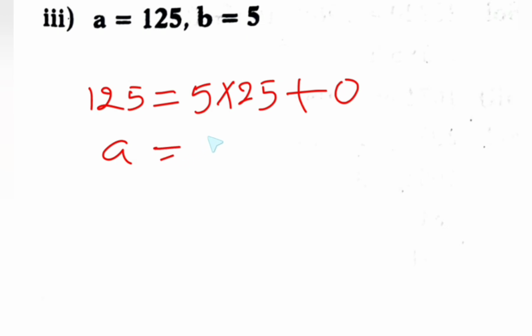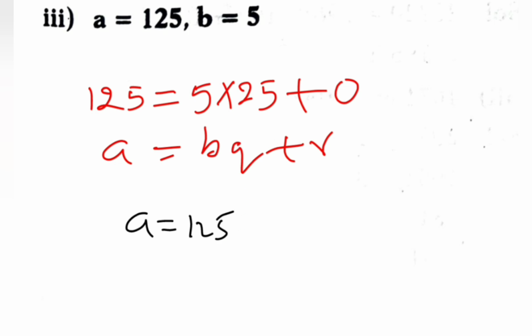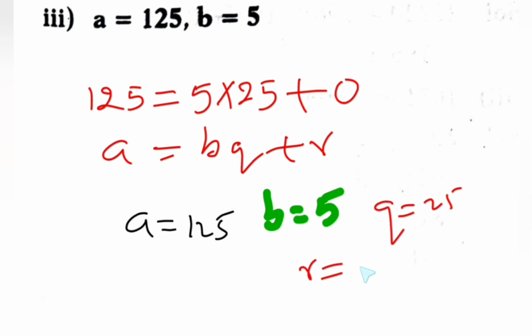It is compared with bq plus r. Then a equals 125 and b is equal to 5, q is equal to 25, r equal to 0.